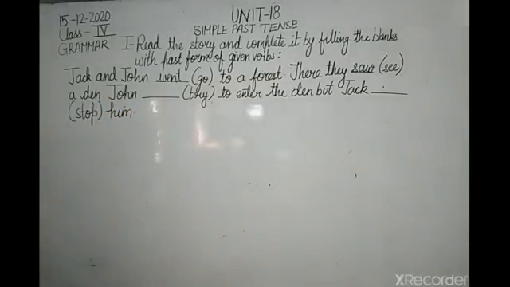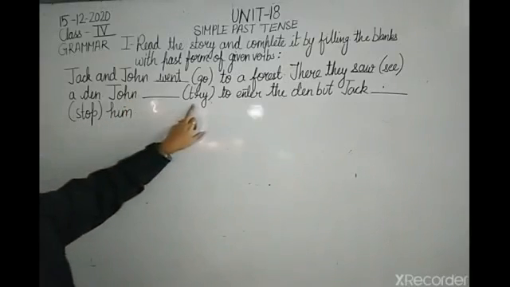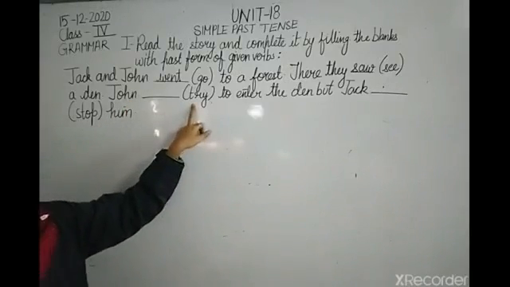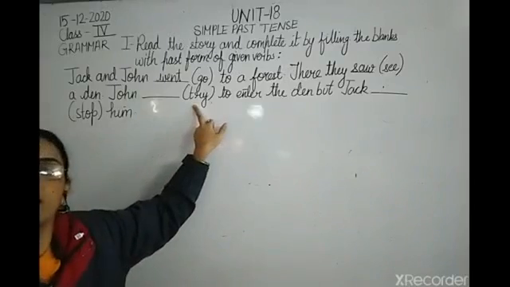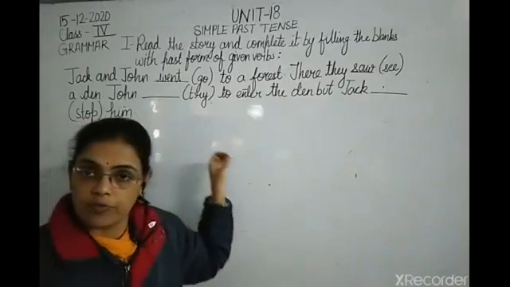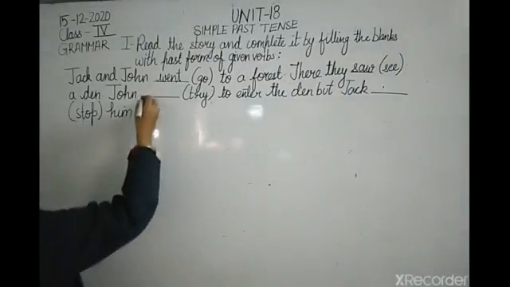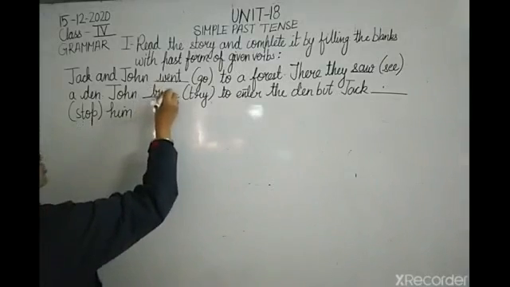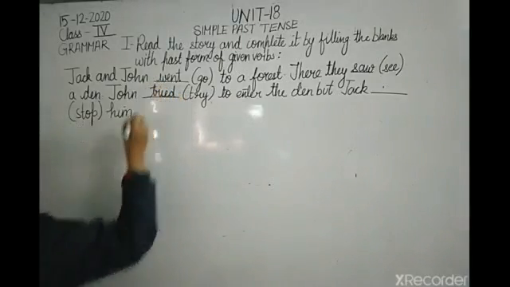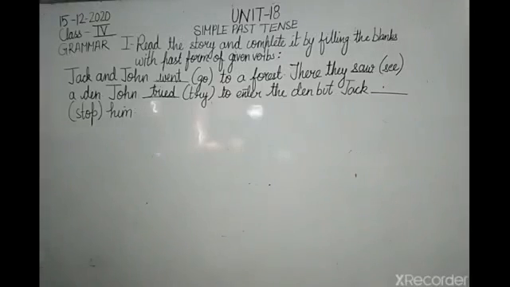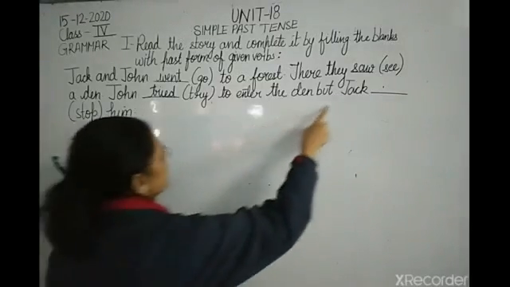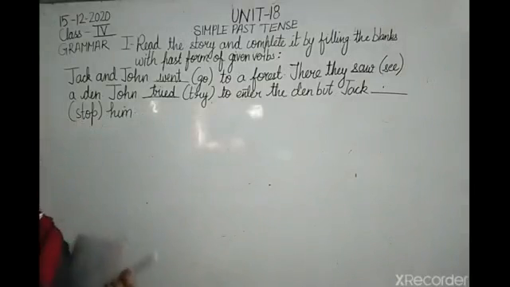Now look at the third sentence. John try. Now try, this verb has got y at the end. So to form the past form of this word, what are we going to do? We are going to remove the y and replace it with ied. Past form क्या हो जाएगा? Tried. John tried to enter the den, but Jack stopped him.